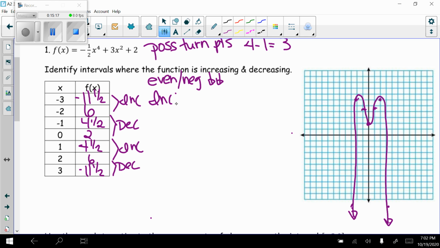From left to right, I see that if I start down here at negative infinity, and remember that when we are talking increasing, decreasing intervals, we're always talking about x values. So my x values are negative infinity, and I stop increasing right here. So that was at -2. So I'm increasing from negative infinity to -2.